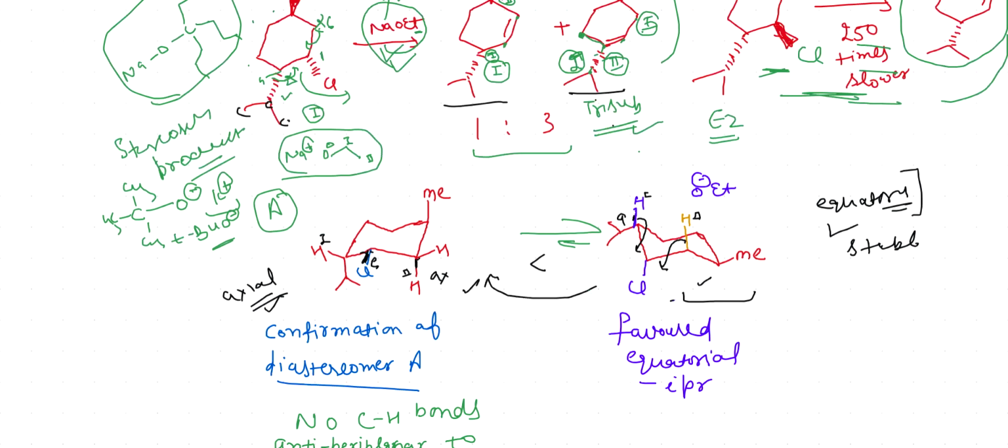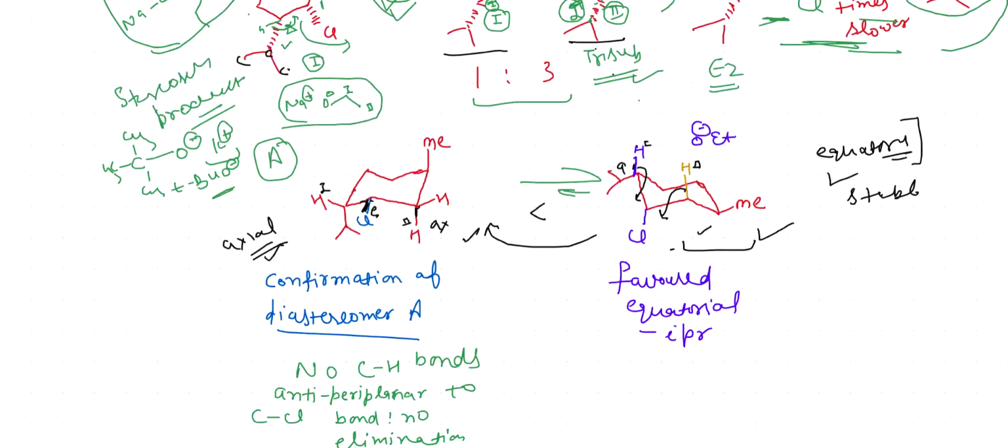The possibility in the forward direction is more because of the stability of this ring. Clear? The reason behind this is that the bulky groups at the equatorial positions are more stable due to low steric hindrance, because there can be axial interaction between these two groups, 1,3-diaxial interaction.